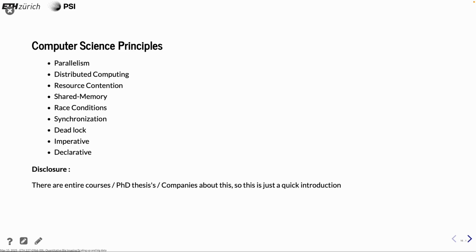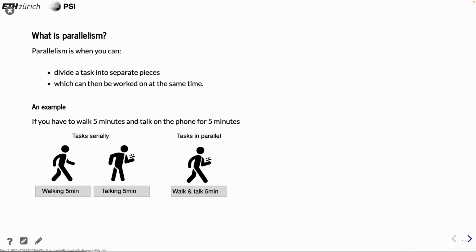You need to synchronize processing, deadlocks, and different ways of how to program. This, of course, like several other topics I've talked about in these lectures, is entire courses and can be PhD theses even. These are large topics, and of course I can't cover everything. But anyway, first thing, very simply, what is parallelism?